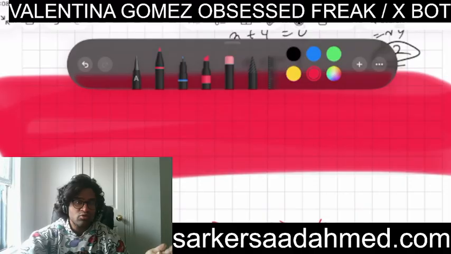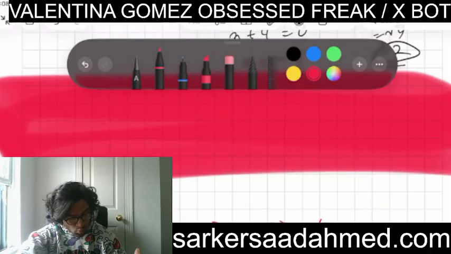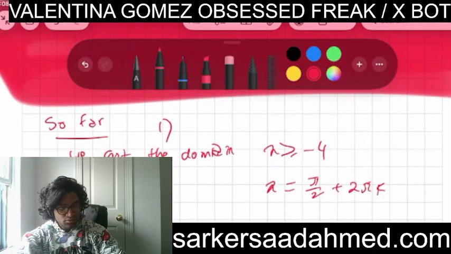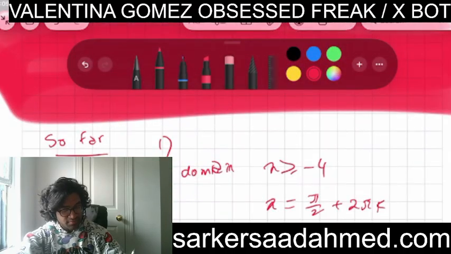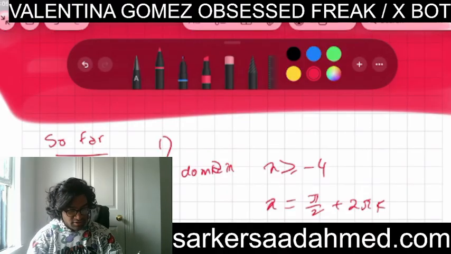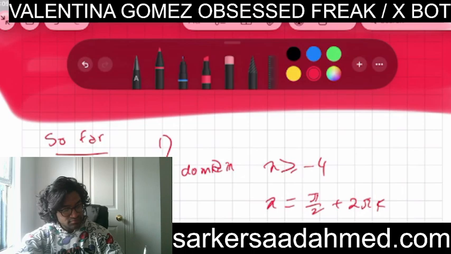Half a cycle plus 1 whole cycle. If k is 1, then 1 whole cycle, k is 2, then 2 whole cycles, right? So that's 1. 2, we got the x-intercept. When f of x is equal to 0, you get your x as minus 4, and your y-intercept, when your x is 0, y is 2.